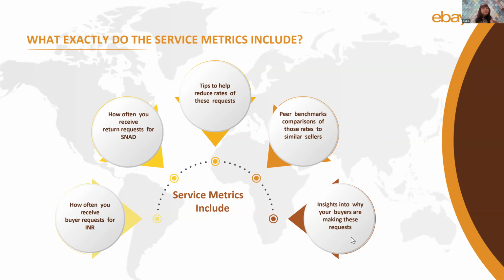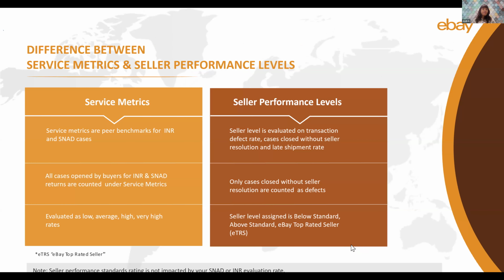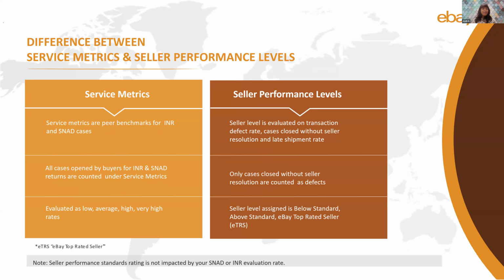Now, although service metrics may sound similar to the factors deciding your seller level, there is a difference in both. Service metrics are peer benchmarks for item not received and significantly not as described cases, whereas your seller performance level is evaluated on transaction defect, cases closed without seller resolution, and late shipment rate.